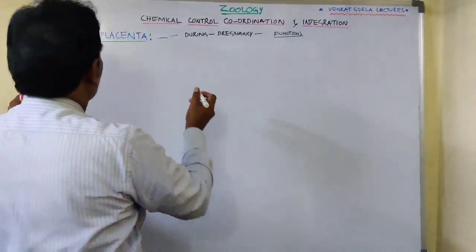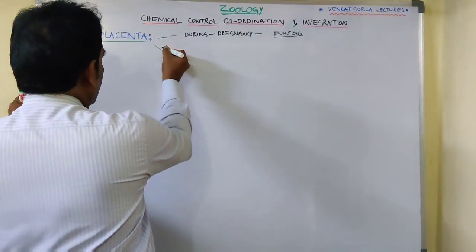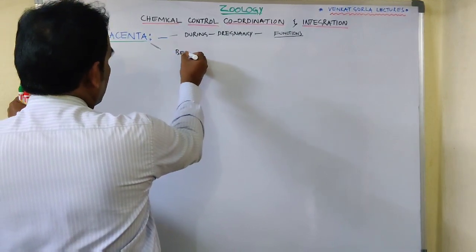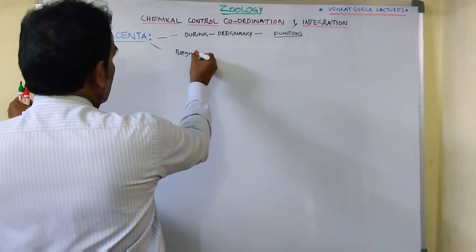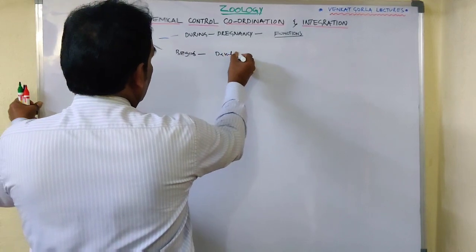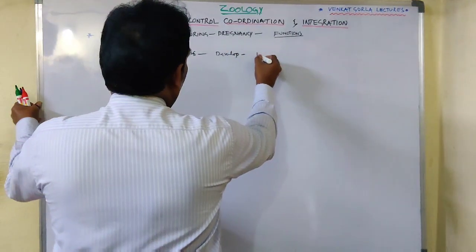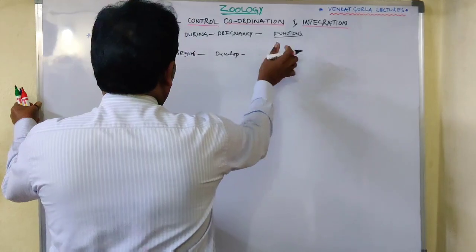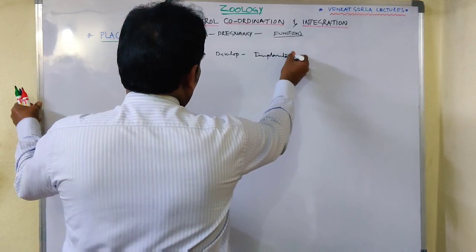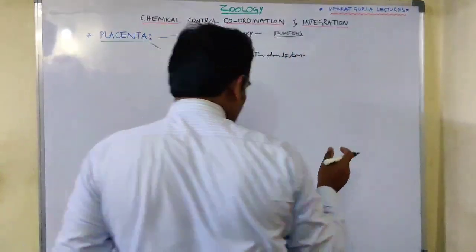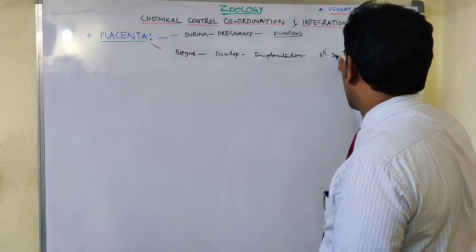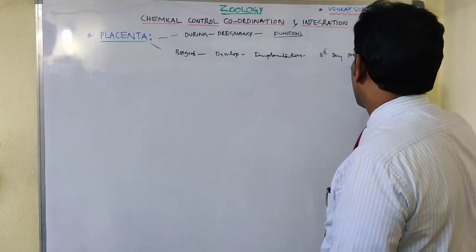So during pregnancy, what are the functions of the placenta? The placenta begins to develop at the time of implantation. Implantation takes place on the 8th day of pregnancy.